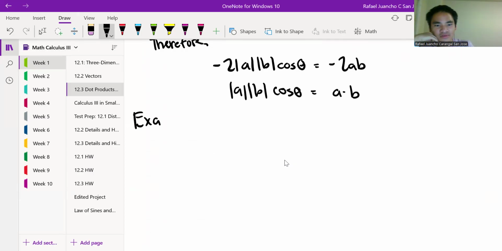Okay, let's go through an example here. We already did an example 1, so we're doing example 2.